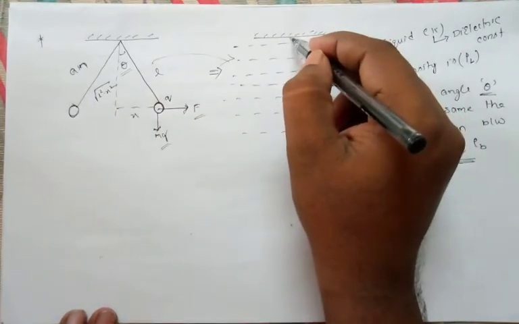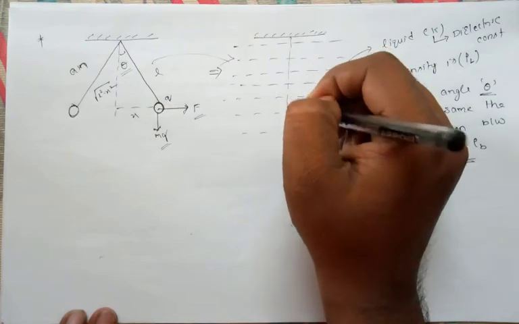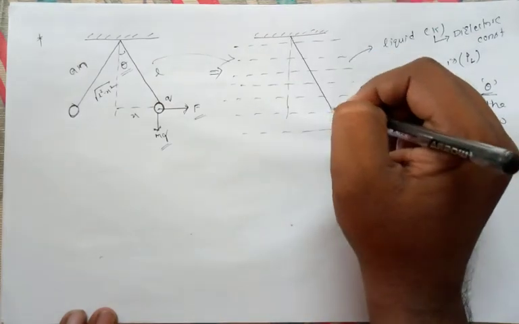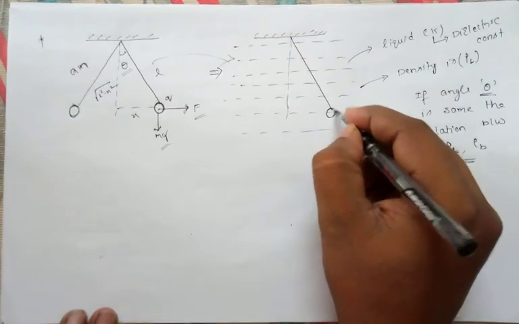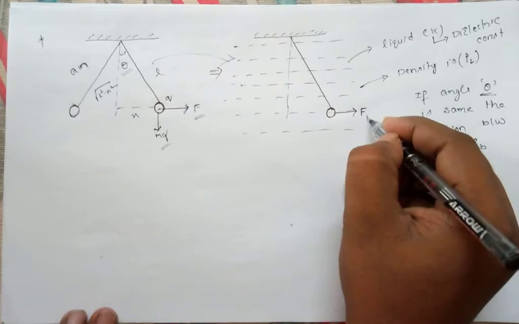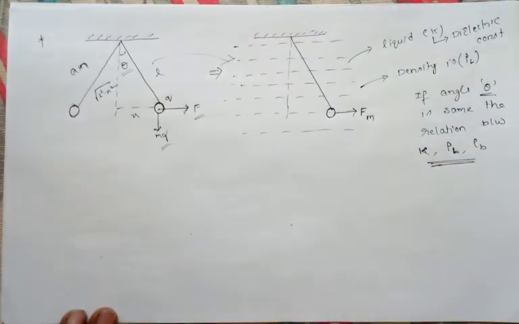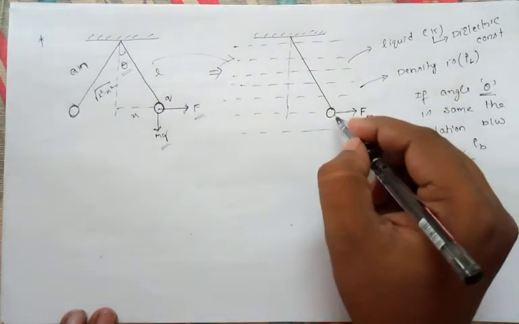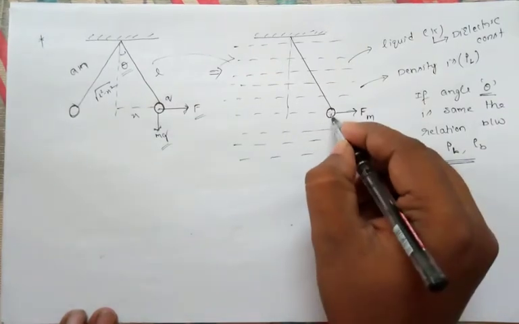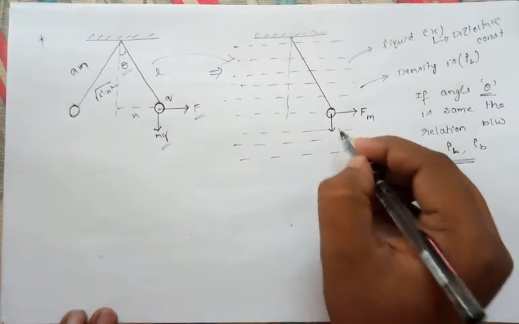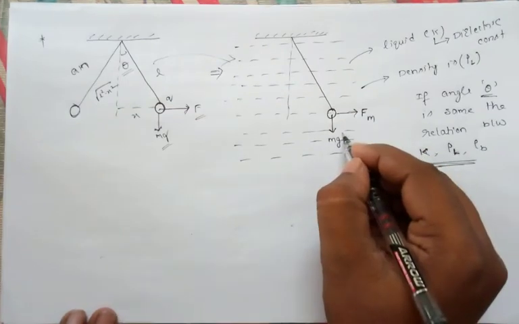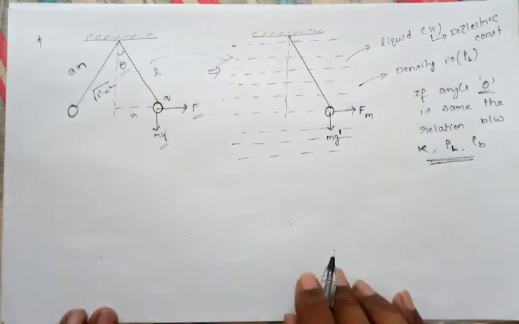See, now here this is the vertical, this force is F medium, it is F air, and the weight is mg dash.